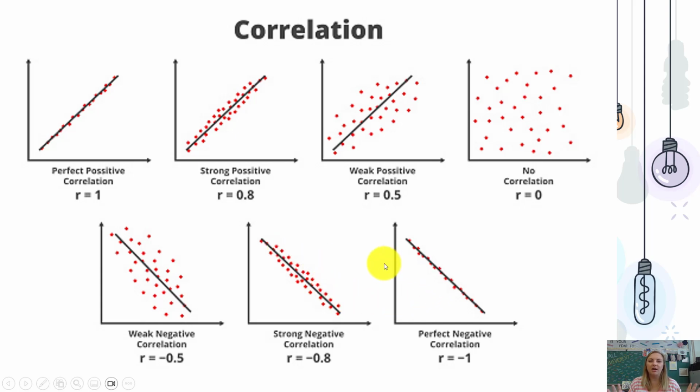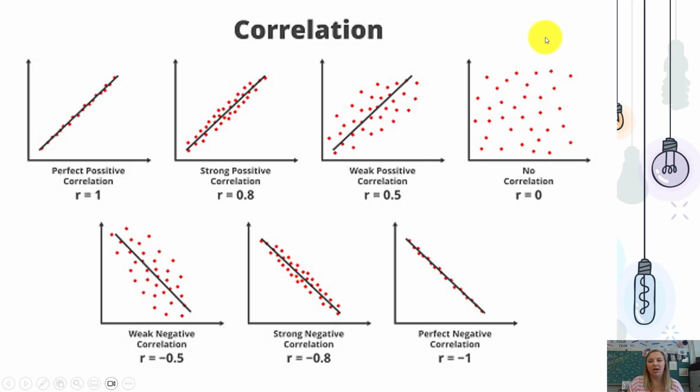The strength becomes how close together those data points are to that line of best fit. So a strong positive correlation would have all of the data points very close together, and our negative correlation would have all of the data points very close together. As we get further and further spread out, we're going to have a weaker and weaker correlation. The relationship will get weaker and weaker.